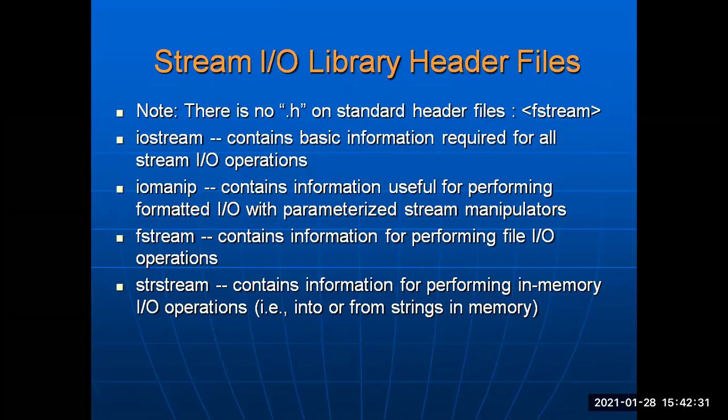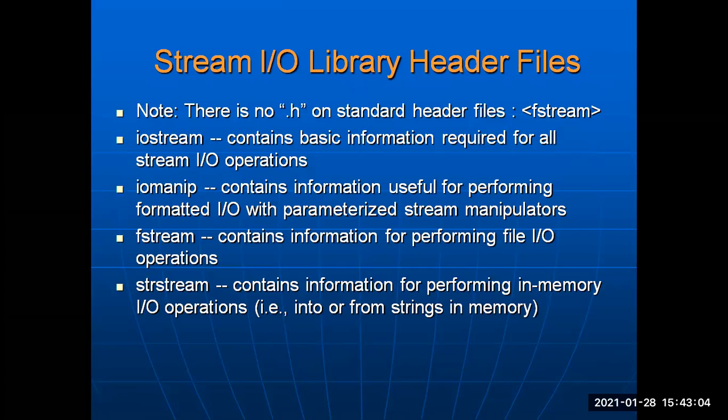So basically, stream library headers here. Already we know iostream contains basic information required for all stream IO operations, right? And iomanip, we have seen in previous slides, contains information useful for performing formatted output operations. So iostream is for unformatted input output operations here. Next, fstream contains information for performing file IO operations, that means input output operations on the file here.